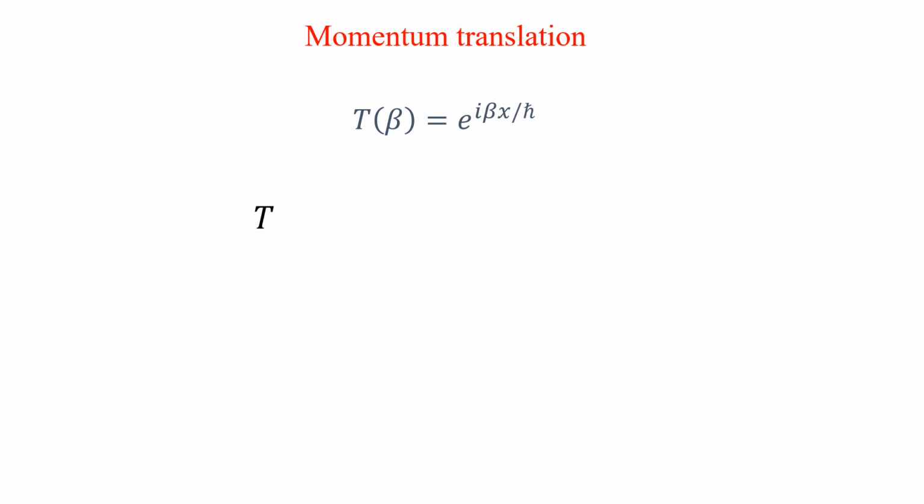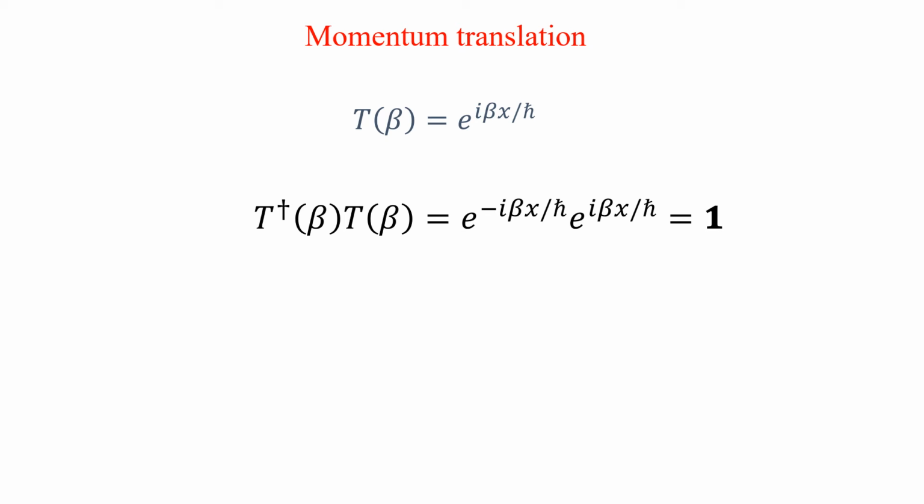Another important thing is that T dagger T is equal to e to the power minus i β x over ħ, because if you take the dagger you will get minus, times e to the power plus i β x over ħ, which is equal to 1.